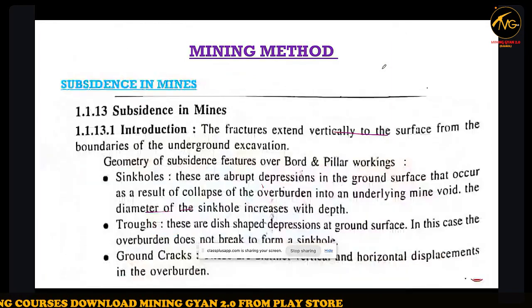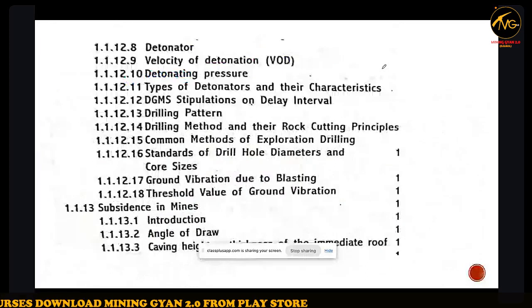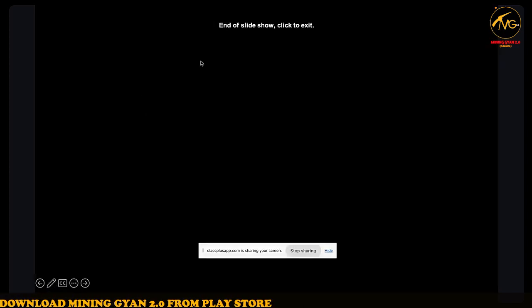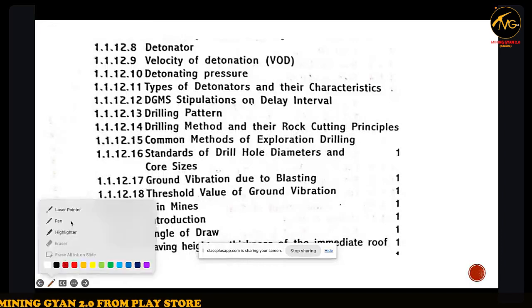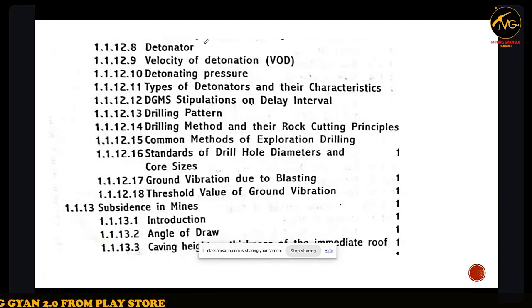So we have discussed detonator, velocity of detonation, detonating pressure, type of detonator, DGMS stipulations, drilling pattern, drilling method, common methods of exploration of drilling, hole, vibration threshold, introduction, angle of draw.